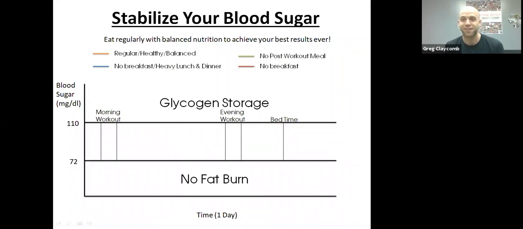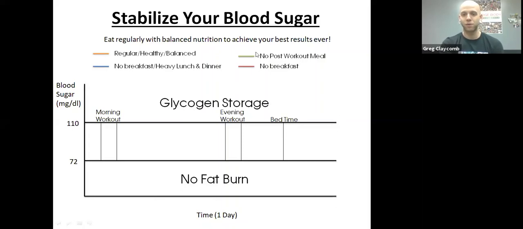Now, this is the most important one, and this is my favorite one to talk about here, stabilizing your blood sugar. All right, take a second to look over what we got here. Representation number one is going to be an entire day from the time you wake up at the start, as we go through the day, to the time you go to bed, and then hopefully 7 or 8 hours after that.